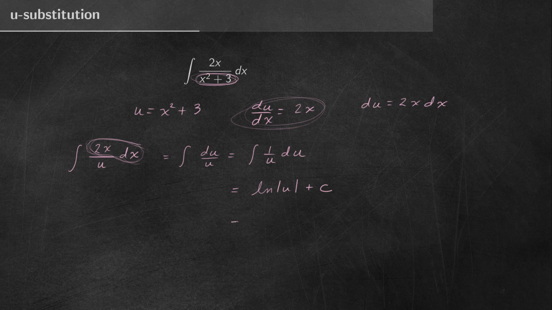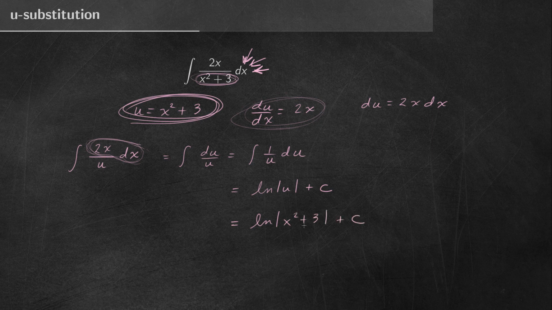And then for my final answer, I want the problem in terms of my original variable x. So I'm going to replace u with x squared plus 3. So we have ln absolute value x squared plus 3 plus c. Now we need the absolute value around the u when we integrate 1 over u.